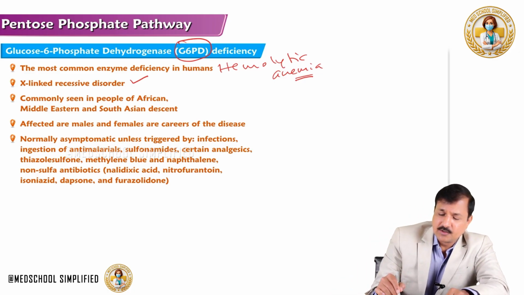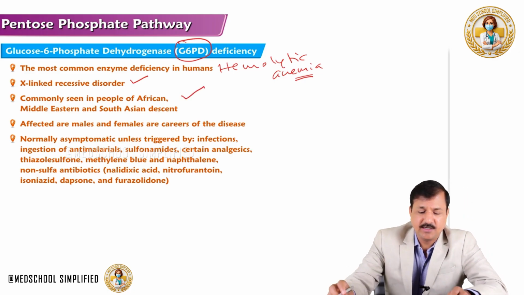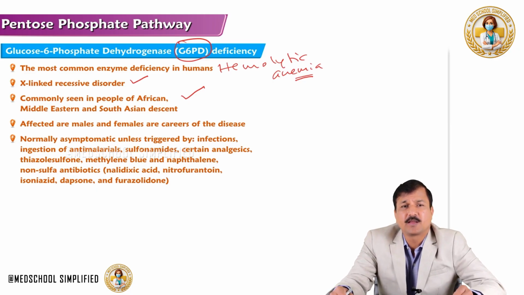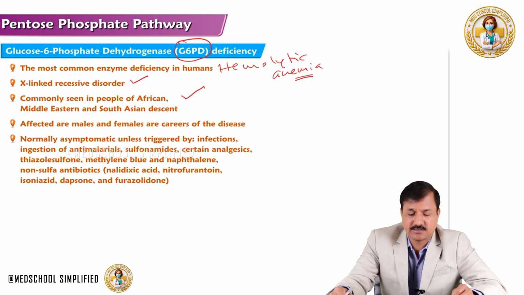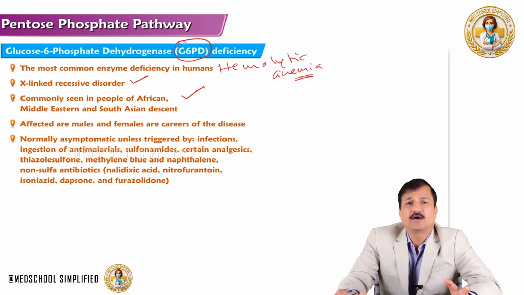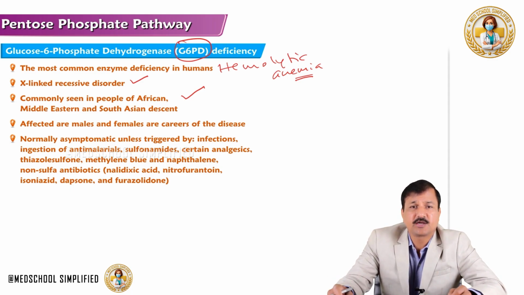And G6PD deficiency is commonly seen in people who are of African, Middle Eastern and South Asian descent. So, that means this particular disorder, by population genetics, is more frequent in this geographical area, that is Africa, Middle East and South Asia.